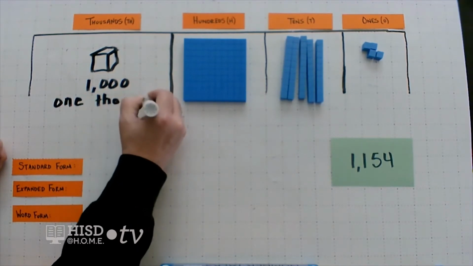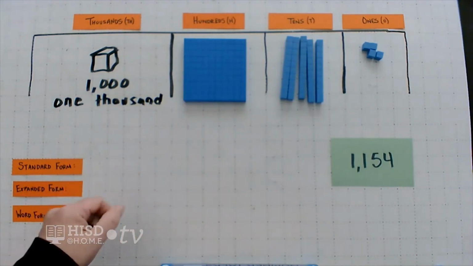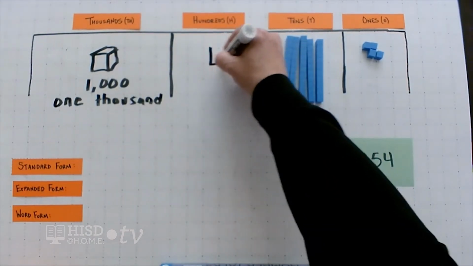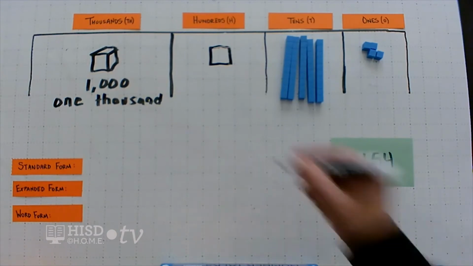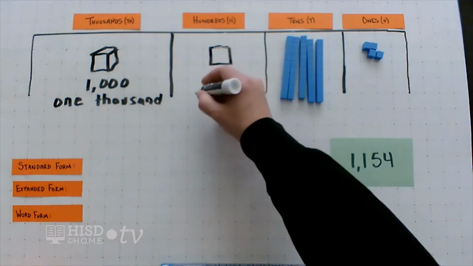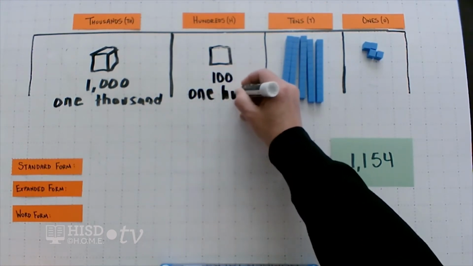So when I read the number, I can write the number in words. So here I see that I have 1 flat, so we're going to once again use our square to represent the 1 group of 100. We know that that value in numbers is 100, and in words we will write what we say, which is 100.